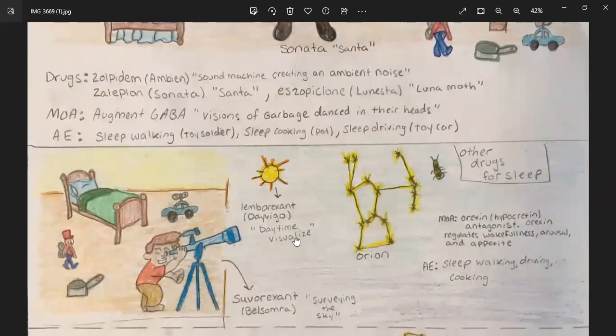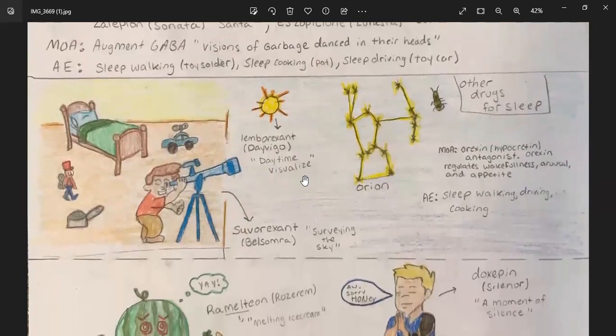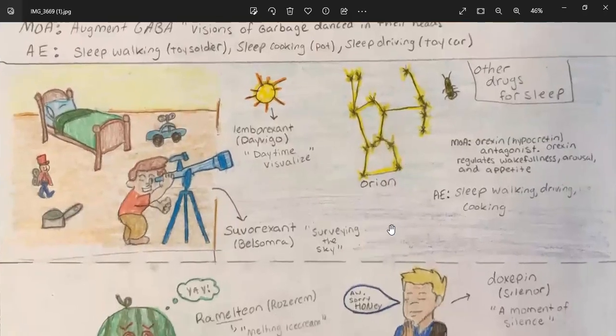Then just some other drugs for sleep that have a different MOA. So in this picture, we have this kid. He is surveying the sky during the daytime, and he is looking for the Orion constellation. So the MOA, let me mention the drugs first.